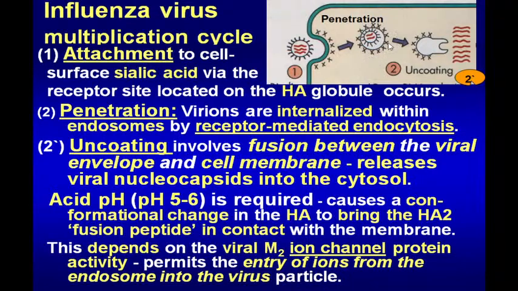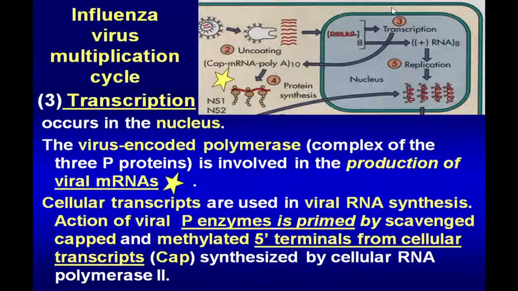So we have uncoating, and the 8 segments of the virus will be released into the cytosol. And then these RNA segments will be taken to the nucleus.